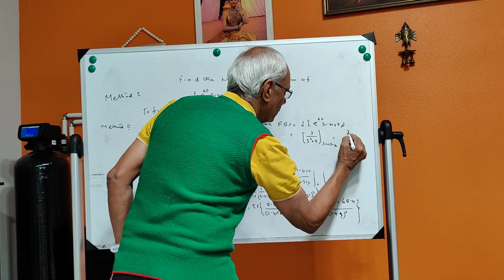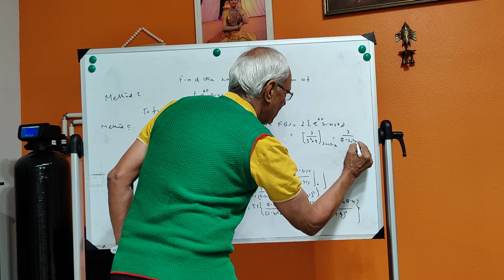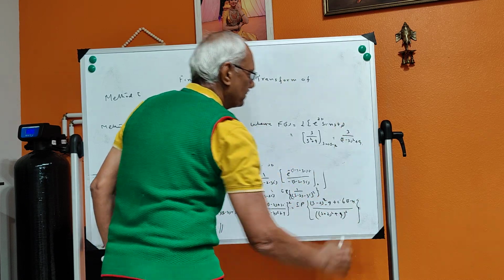So this will be equal to 3 by (s minus 2) whole square plus 9.